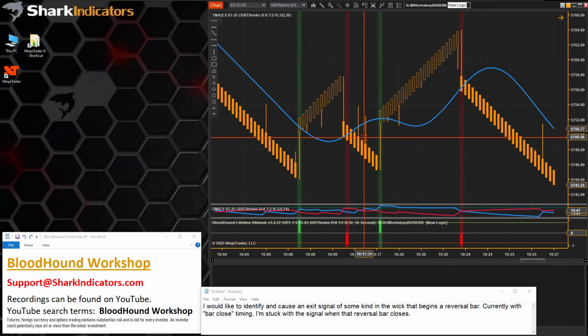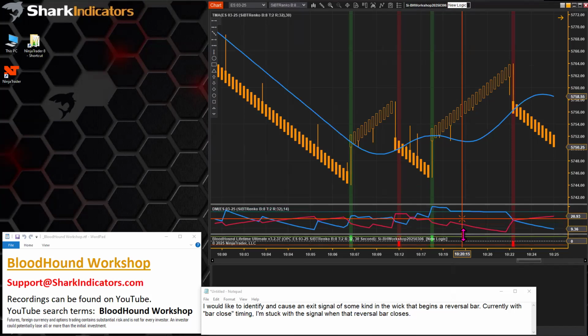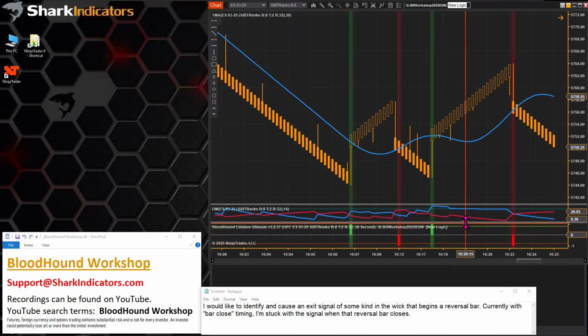There we go. So if we use the closing price, then you're only going to see the signals on the reversal bars, really, ideally. So it just depends on how you want to see the historical results there. It determines if you want to use the high and low price or the closing price of the bar.